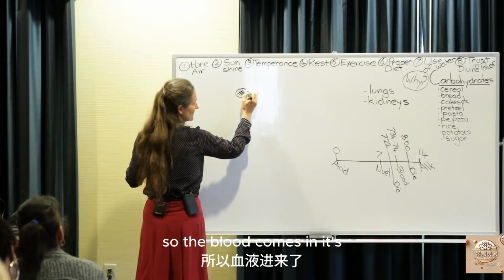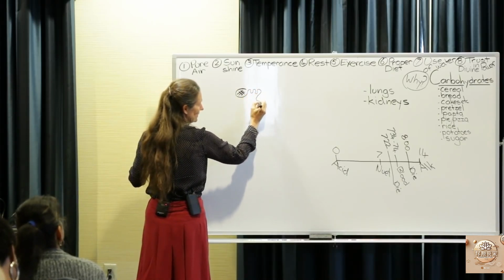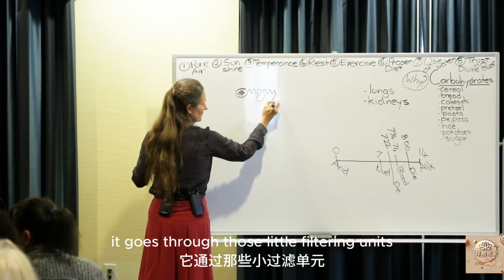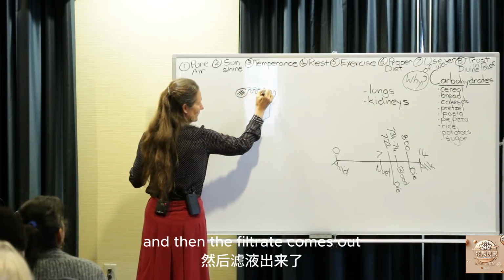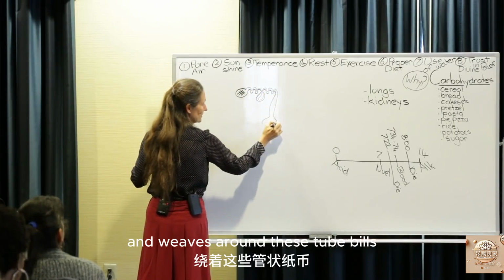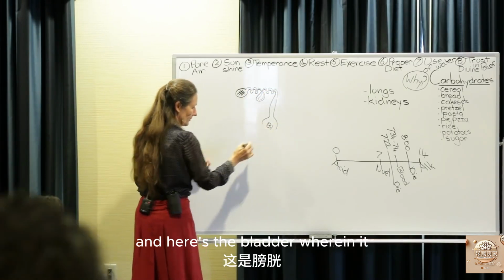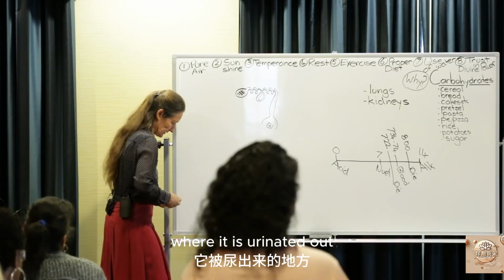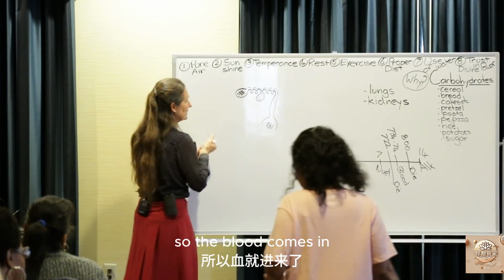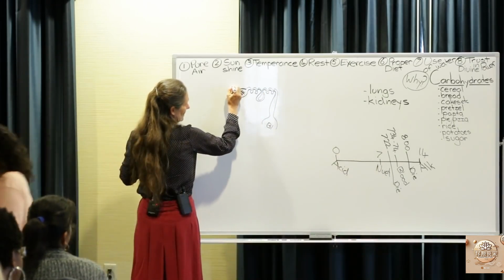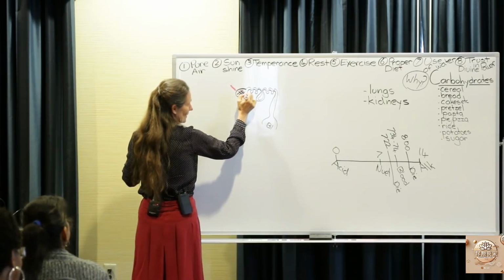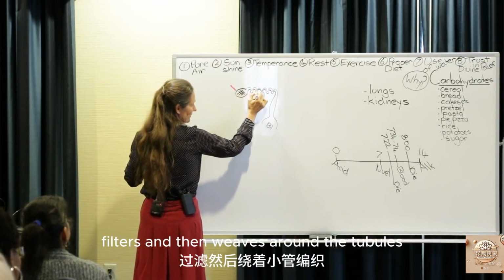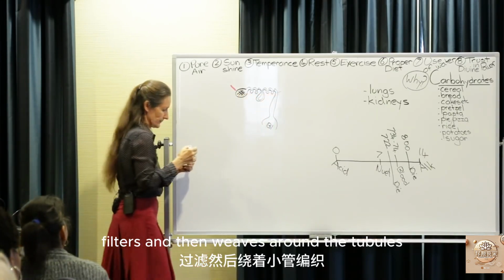So the blood comes in, it goes through those little filtering units, and then the filtrate comes out and weaves around these tubules. And here's the bladder where it is urinated out. So the blood comes in, weaves around the little filtering units, the filters, and then it weaves around the tubules.